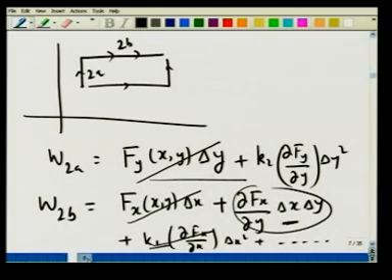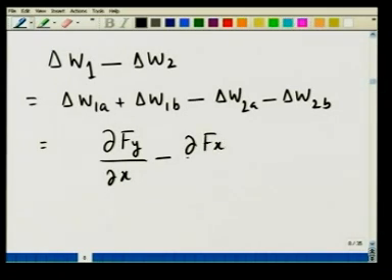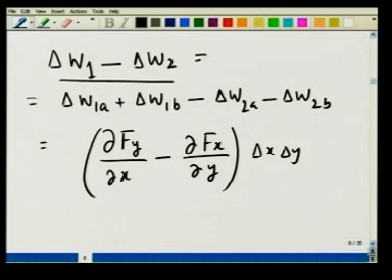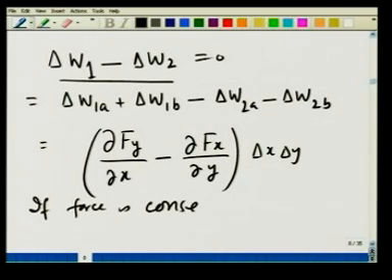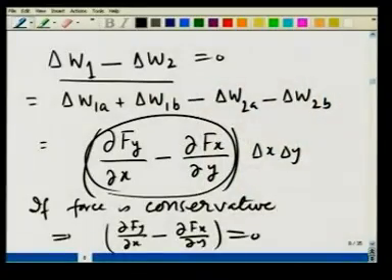This also cancelled, and therefore, I get this to be equal to the partial of f y with respect to x minus the partial of f x with respect to y, times delta x delta y. If this were to be 0, that is, if the force is conservative, then this term must be 0. This implies the partial of f y with respect to x minus the partial of f x with respect to y must be 0, otherwise not.